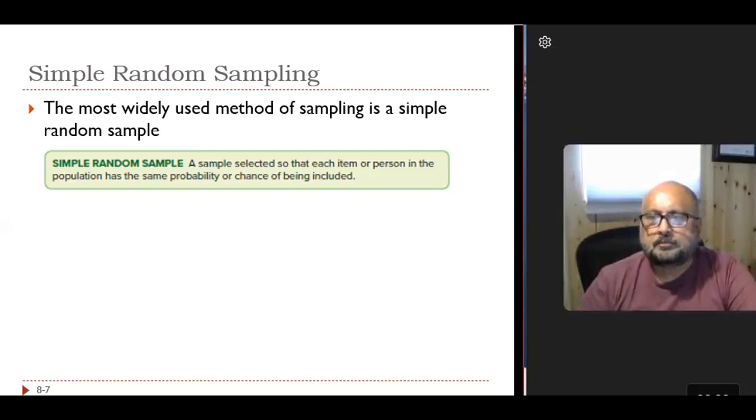So in this case, in a simple random sampling with an unbiased sample, all members of the population have an equal chance of being selected to the sample.